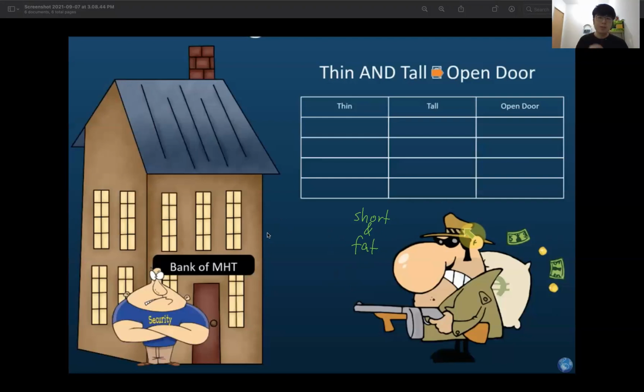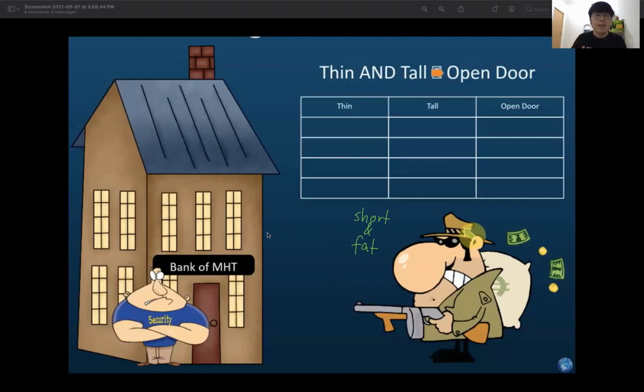Now what the manager is doing here is giving certain instructions to the security guard. Then the security guard is going to analyze. Based on this instruction, he will make his analytical judgment whether to open the door or not. Say one person comes in and the person is tall and short.